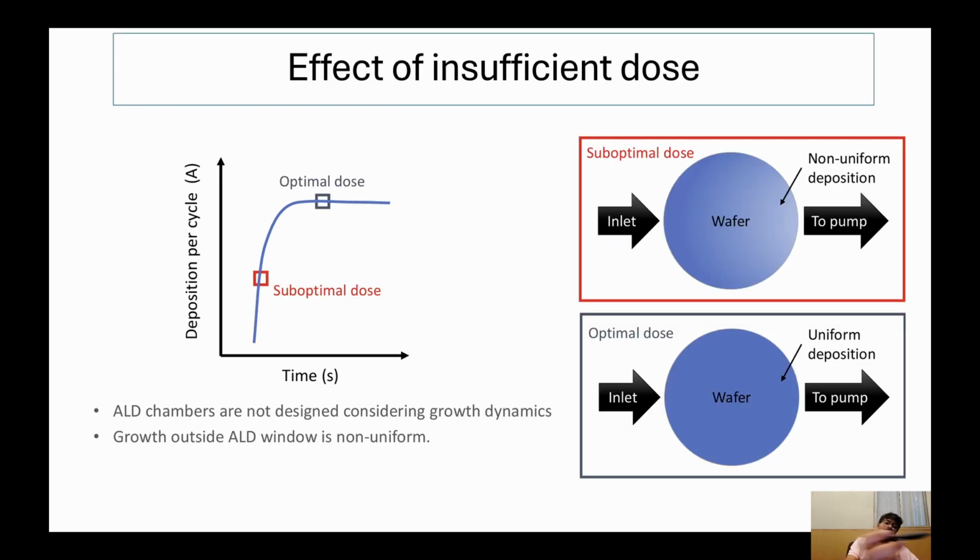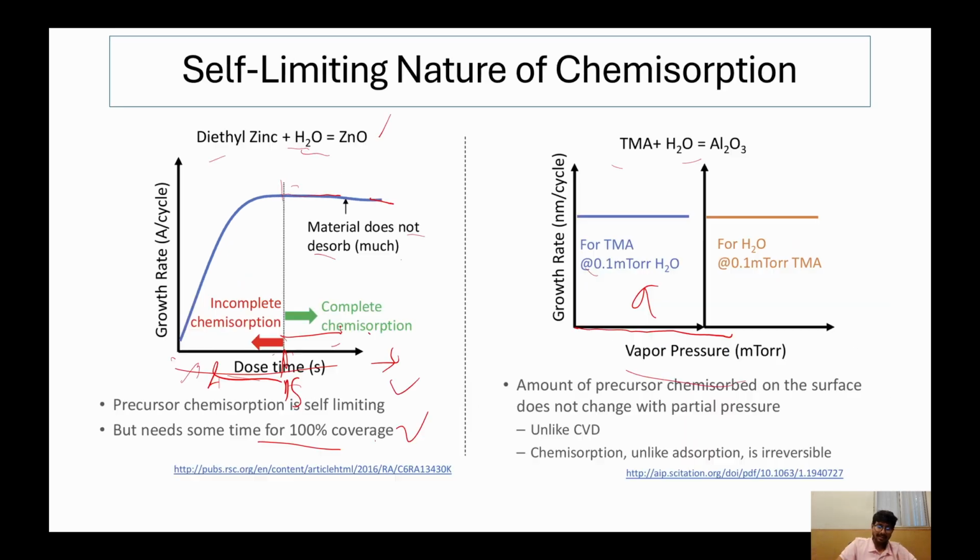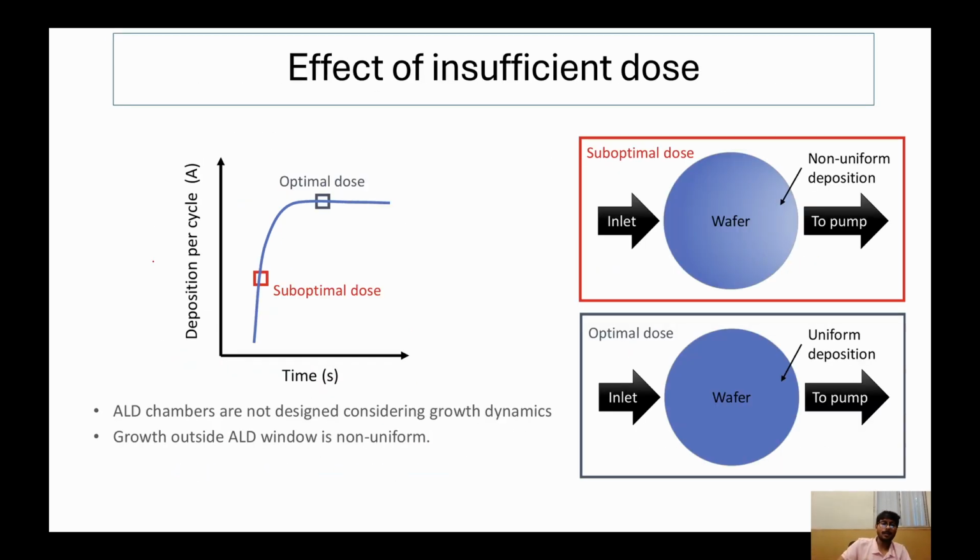Now the effect of insufficient dose. If you are in this regime, with a suboptimal dose, what will happen? This is your inlet, this is your chamber, the red thing, and this is your outlet towards the pump.